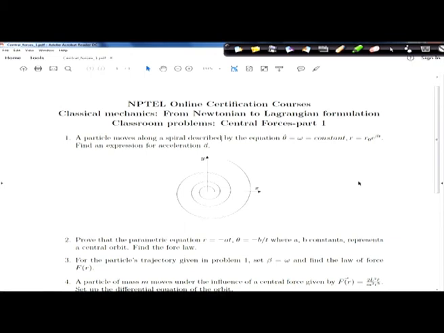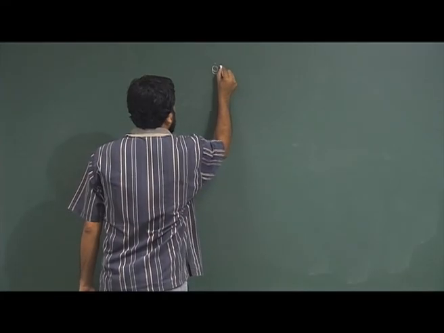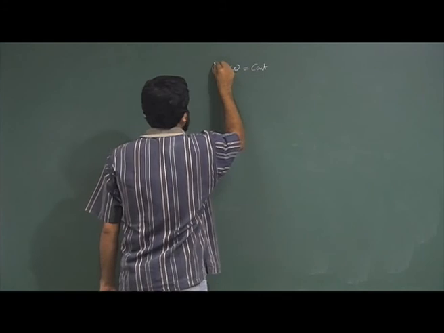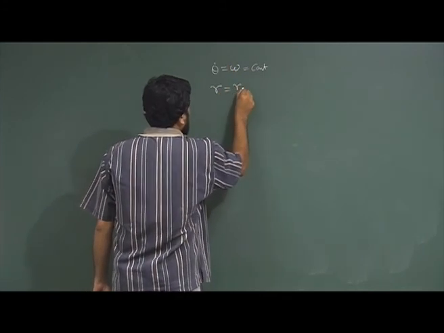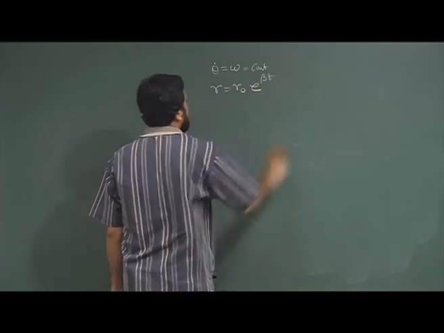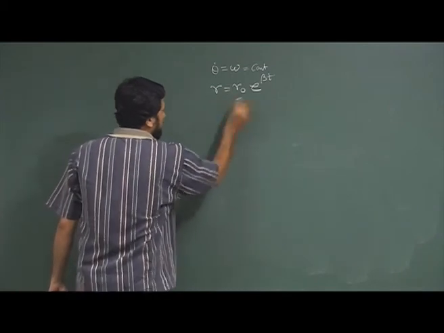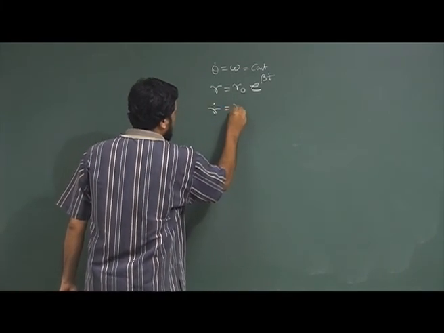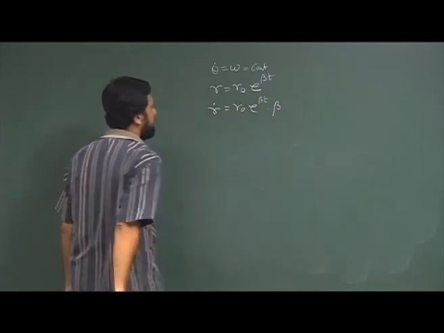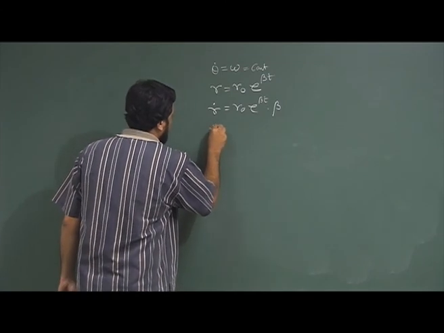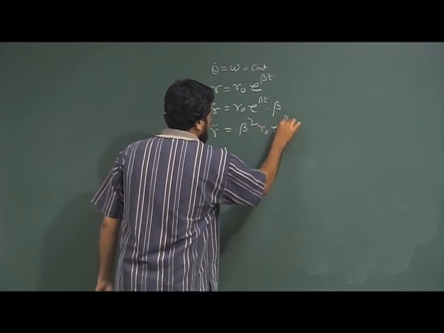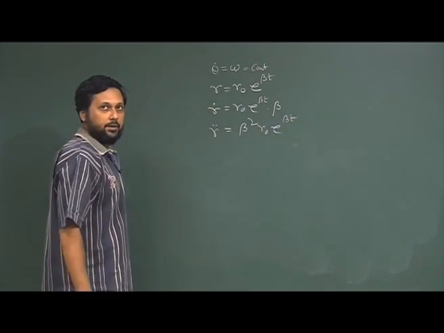So, what is given? It is given that theta dot is equal to omega, which is a constant, r equal to r0 e to the power beta t, right. So, r dot will be r0 e to the power beta t times beta, r double dot will be beta square r0 e to the power beta t, right.